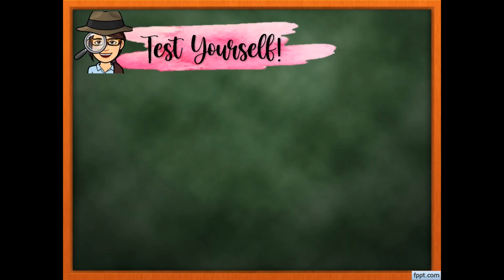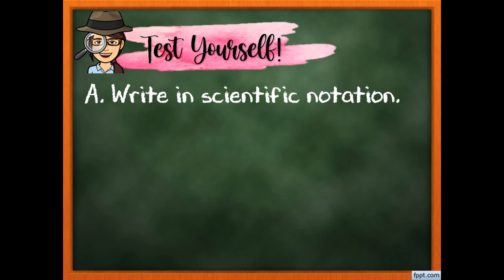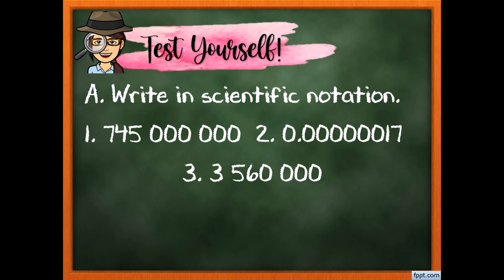So you are going to test yourself on what you have learned in our previous topic, which is scientific notation. I will give you 1 minute to answer, or you can pause the video if you want to answer questions 1 to 5. So you are going to write in scientific notation. Given is 745 million.